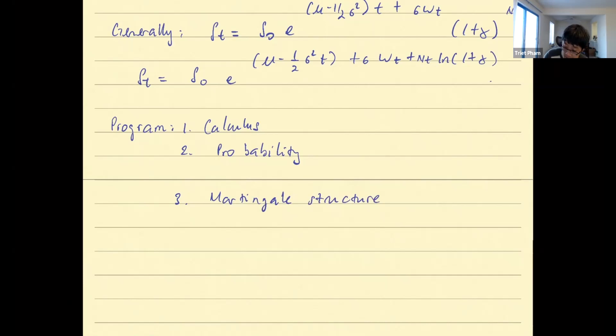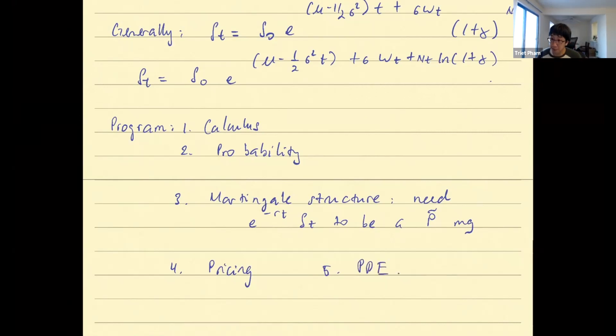Because for pricing, what you need is e to the minus rT S_T to be a P tilde martingale. And then for pricing. And you can throw in a fifth here, PDE. But you see that with the Brownian motion, we did exactly these things. Maybe not in the same order.